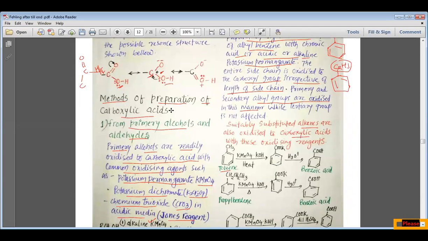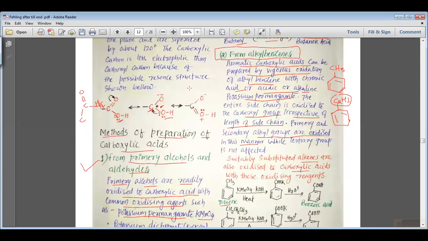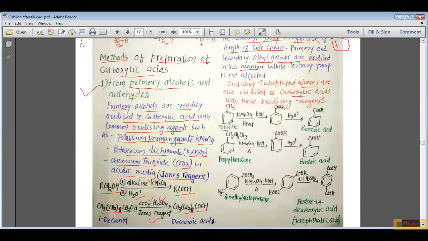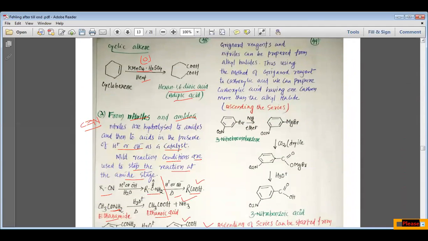In the same way, we can prepare carboxylic acid from primary alcohols by a strong oxidizing agent and from aldehydes by a mild oxidizing agent. From alkyl benzenes, we can directly convert them to benzoic acid by a strong oxidizing agent like alkaline or acidified KMnO4, acidified K2Cr2O7, or Jones reagent, which is chromic acid in acidic medium.